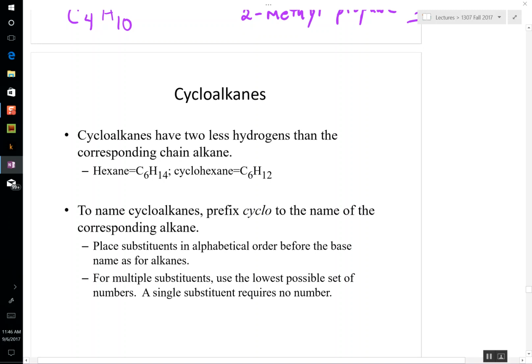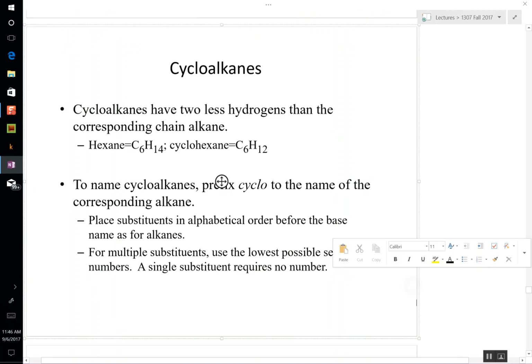Now notice that when we linked those 2 end carbons together, we had to take off 2 hydrogens. So the formula changes a little bit. It becomes CnH2n.